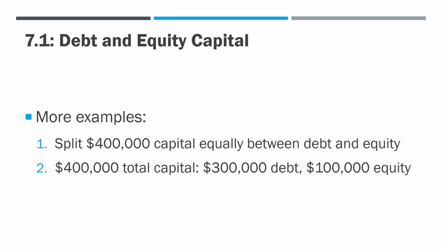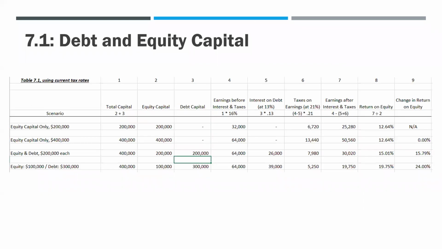And we'll go actually to the tables. And this is a reproduction of table 7.1. It's using the current tax rates. And I tried to give a little bit more example and actually label the scenarios. So we're looking at scenarios 3 and 4 here.